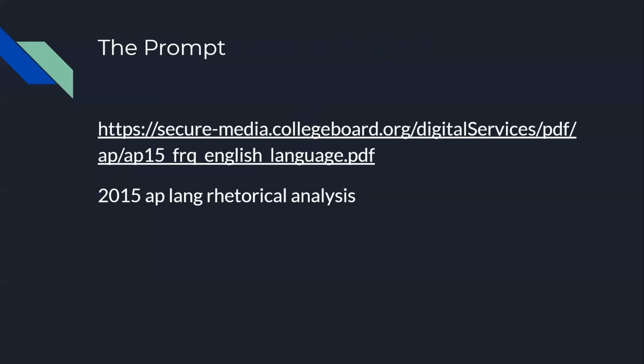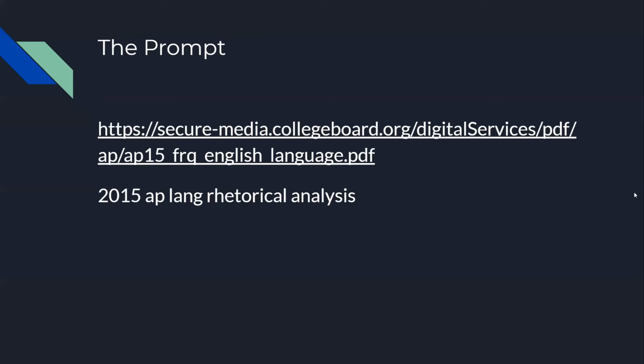If you want to look at the prompt itself on your own, you can follow the link that I provided, but the link gives you the full free response section.